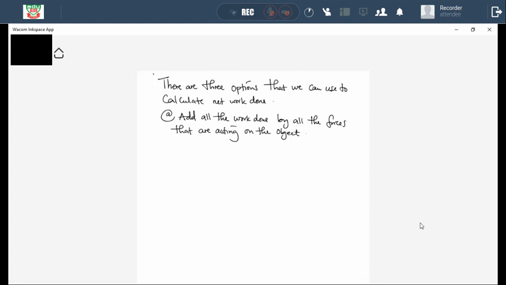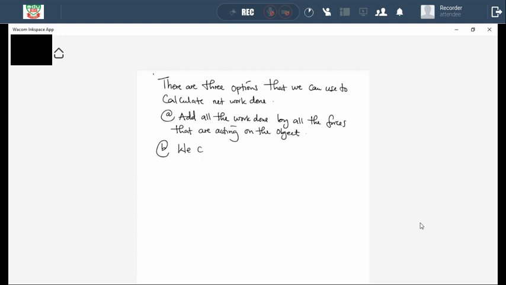And remember, in our previous presentations, we said all perpendicular forces do not work because they create an angle of 90 degrees, and cos 90 gives you a 0, and that 0 nullifies everything. So all perpendicular forces do not work, right? So the first option for calculating net work done, we add all the work done by all the forces that are acting on the object.